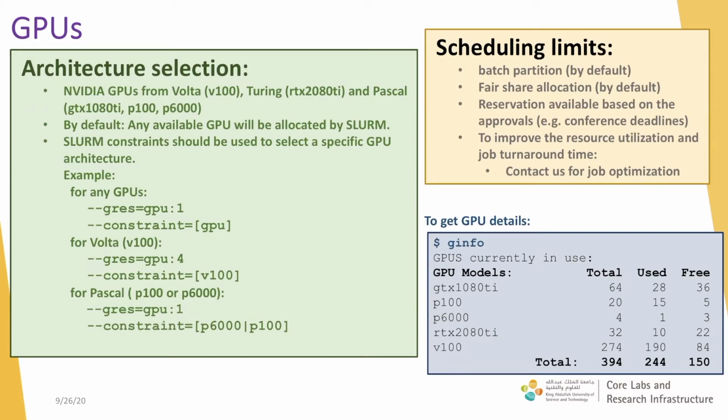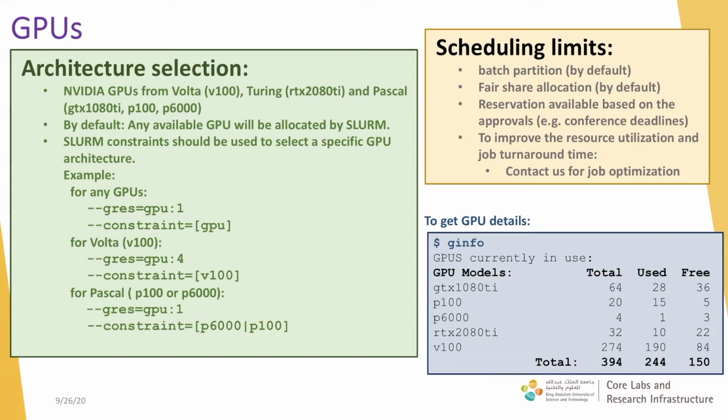These two options should be selected together to run your GPU jobs on a specific architecture. For example, if you are interested in running a 4 GPU job using Volta, you need to specify gres equal to gpu colon 4, followed by constraint equal to v100. So these two options tell Slurm to select the appropriate resource parameters for your jobs.